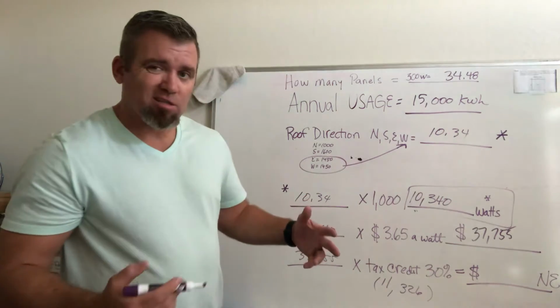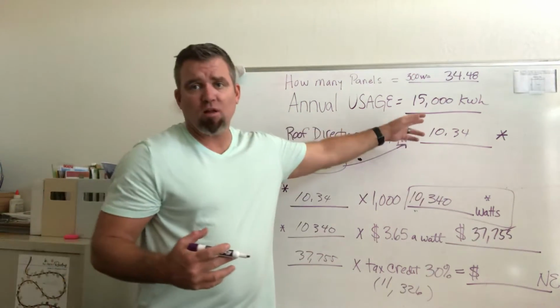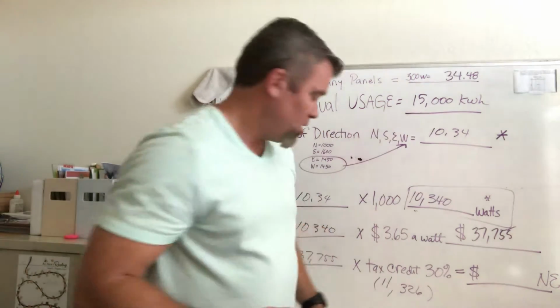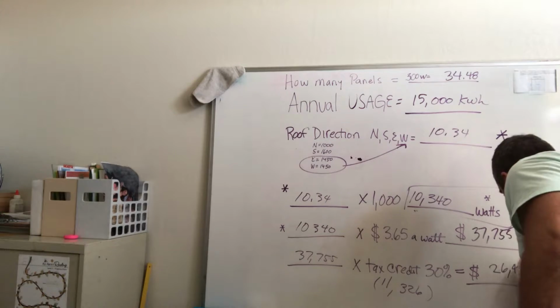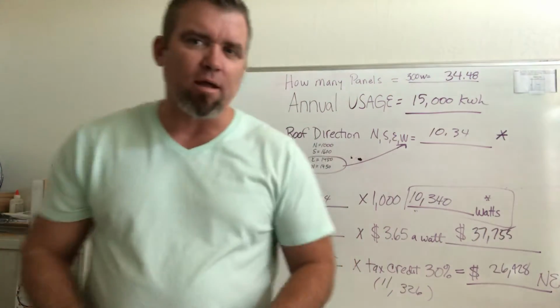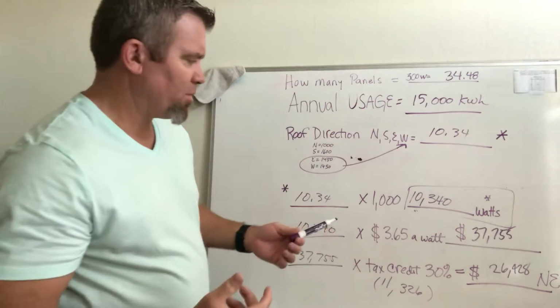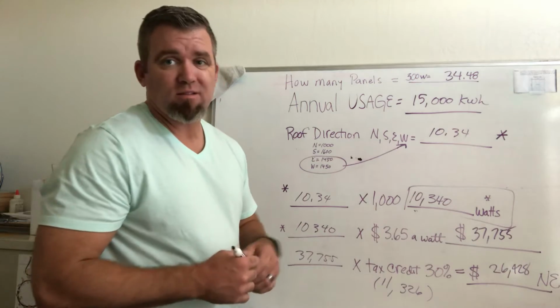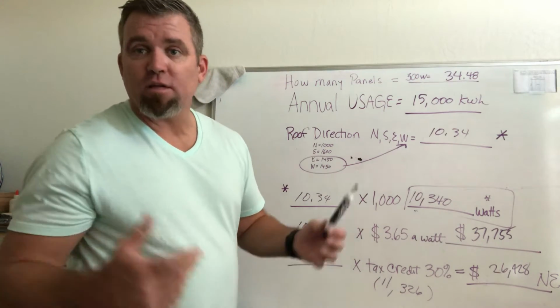So our net cost to own a system to generate 15,000 kilowatt hours of usage a year for a home is $26,428 net. That's how much you're going to pay. You look at that, divide it out by 20 years, you're looking at $1,100 a year.